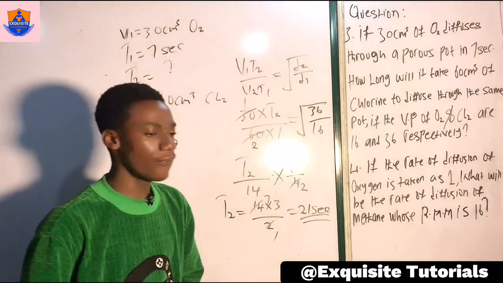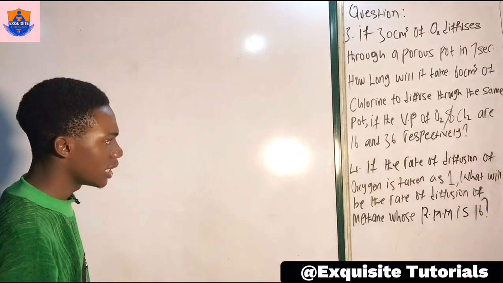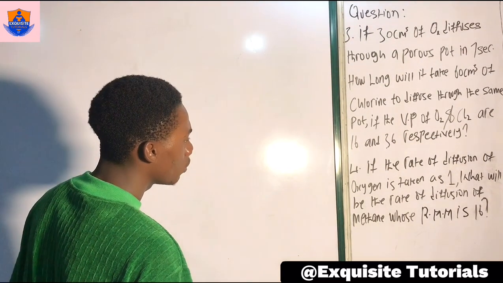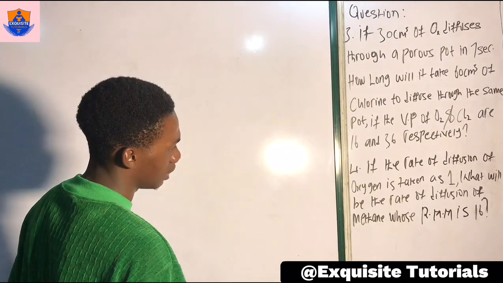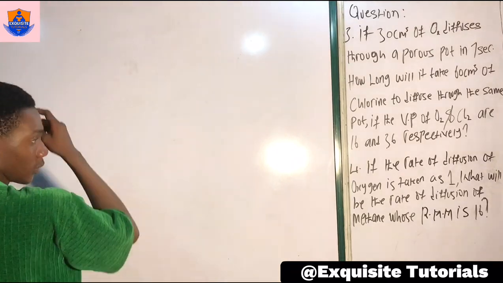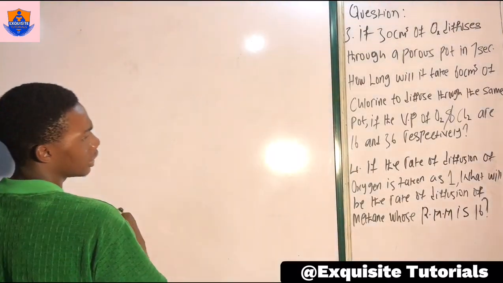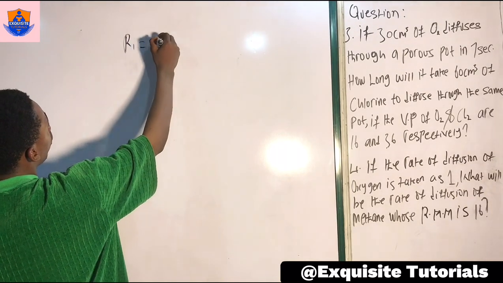Question 4. They said, if the rate of diffusion of oxygen is taken as 1, what would be the rate of diffusion of methane, whose molecular mass is 16? Okay, let's go. If the rate of diffusion of oxygen is taken as 1, R1 is equal to 1.